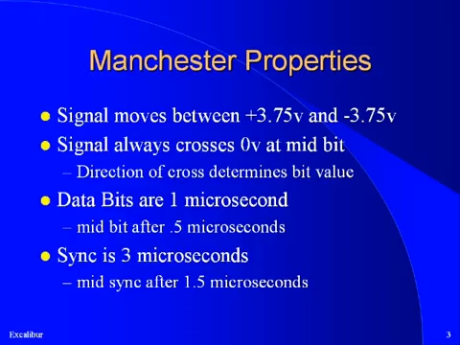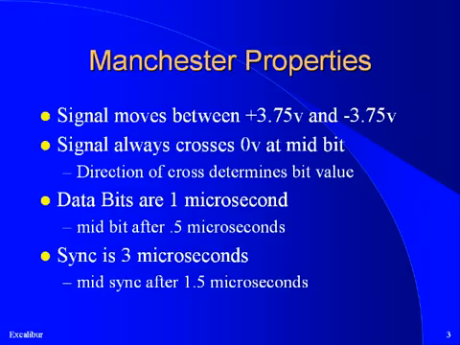Manchester encoding describes how the voltages flowing over the bus should be interpreted as ones and zeros by the devices connected to the bus. Each word begins with a sync signal, which looks different than a regular data bit. Devices use the sync to identify the beginning of a word. The signal moves up and down between plus 3.75 volts and minus 3.75 volts.